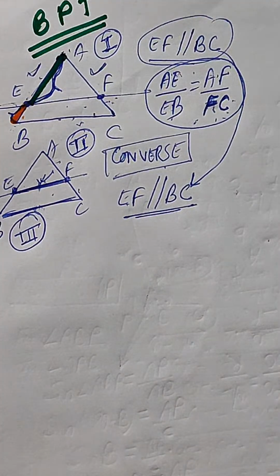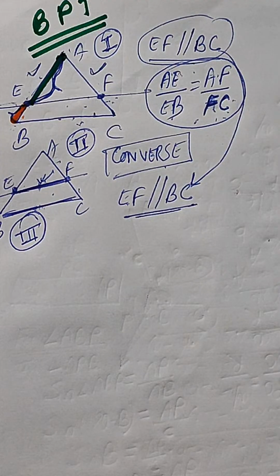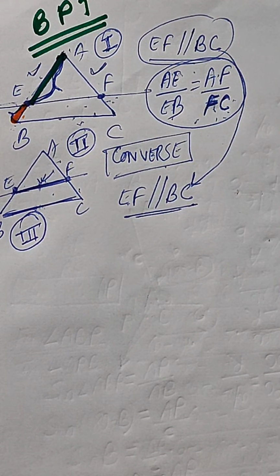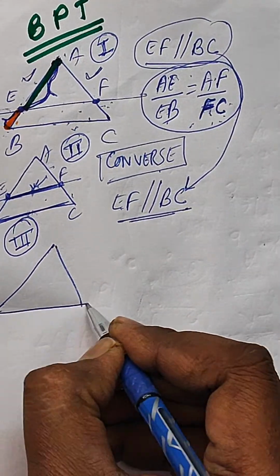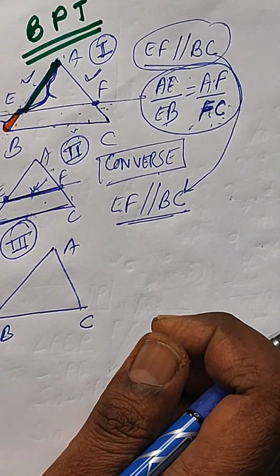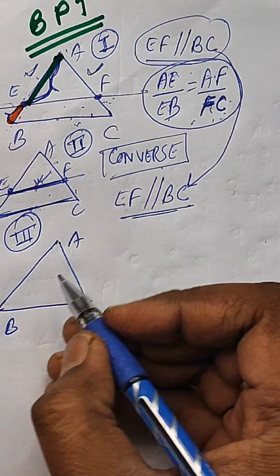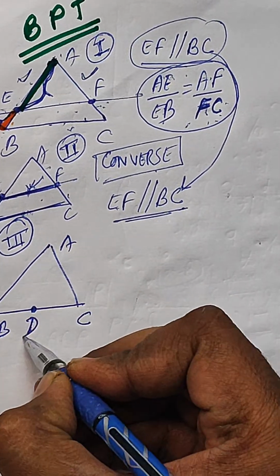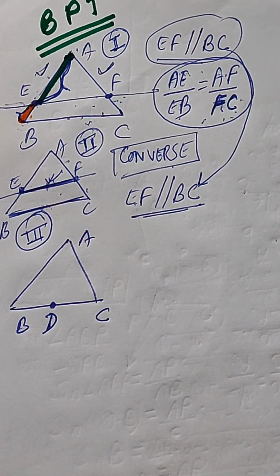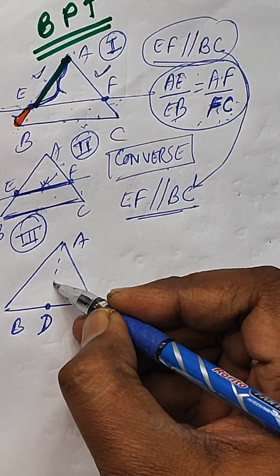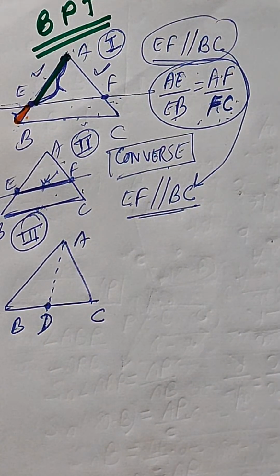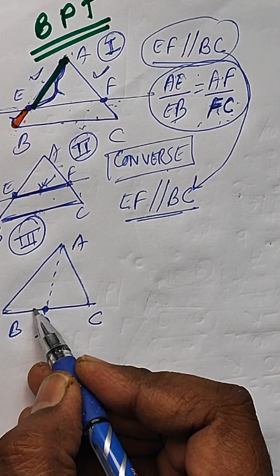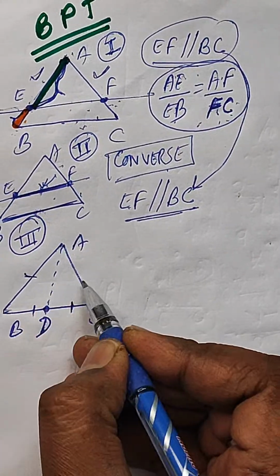The third theorem which we need to capture over here is that if a triangle is given to you, let us say ABC, and here is a point D lying on BC. AD is the line joining A and intersecting BC at D. And it's given that BD by DC is equal to AB by AC.